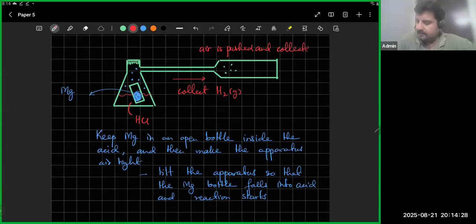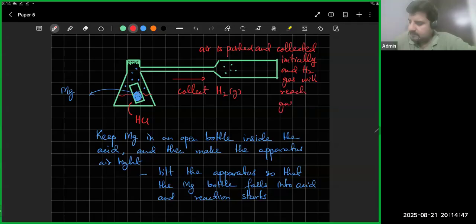That's what you're going to collect initially, and then hydrogen gas will reach the gas syringe.